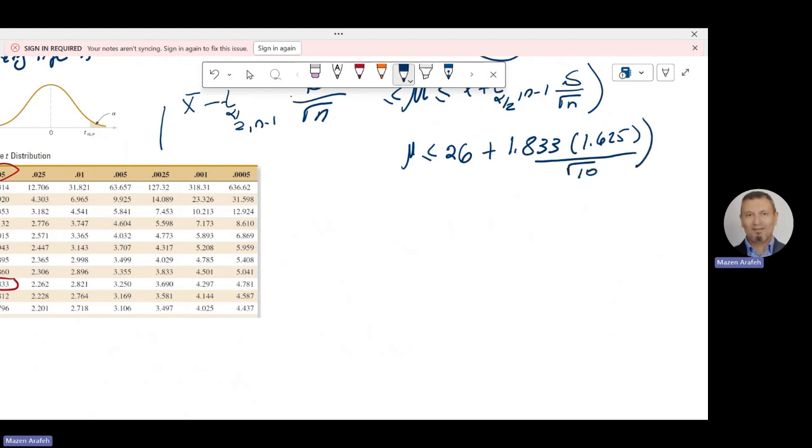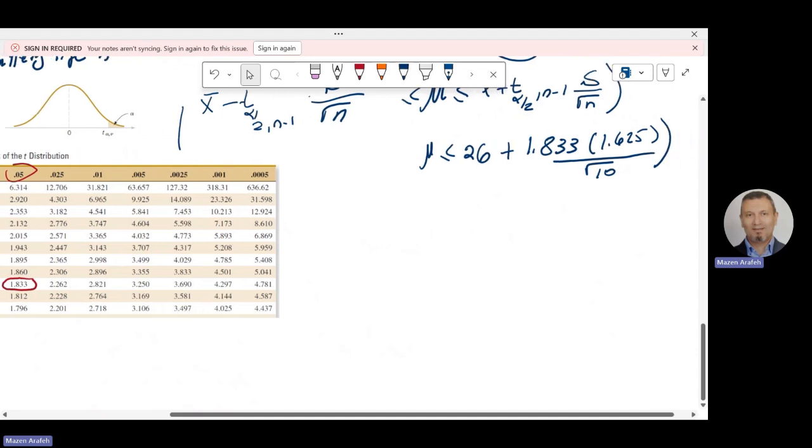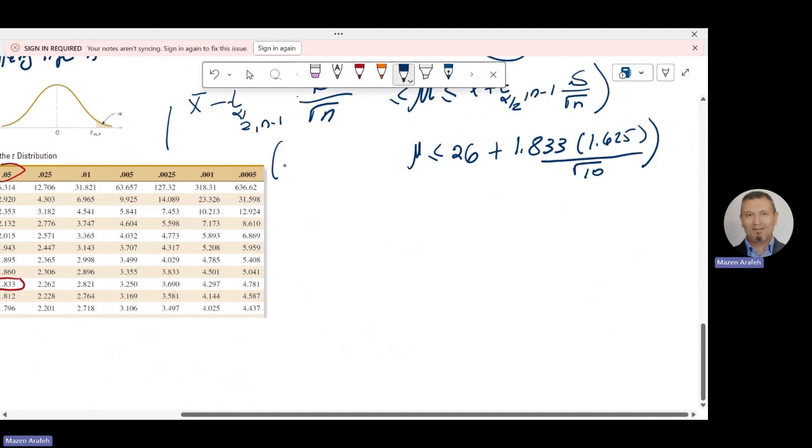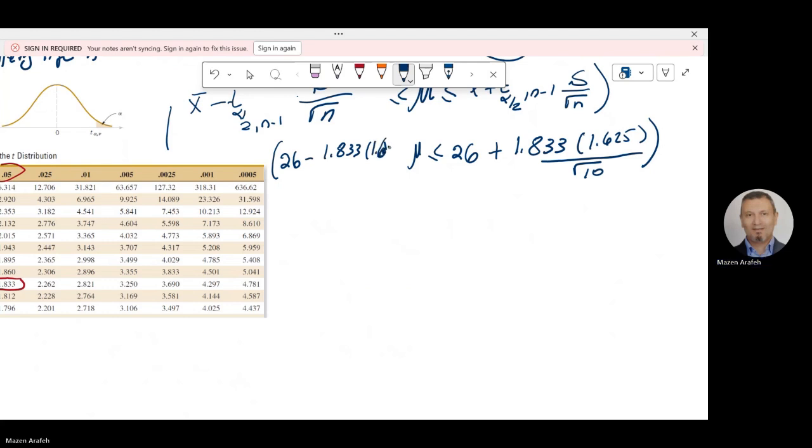And from the other side, we are going to use, again, 26 minus 1.833 multiplied by 1.625 divided by square root of 10. And I leave that for you to calculate.